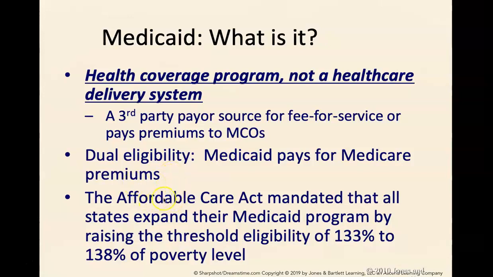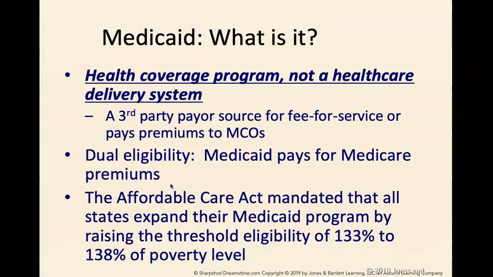Another thing is that 10 years ago, the Affordable Care Act mandated that all states should expand their Medicaid programs. So you've probably heard a lot about what Medicaid expansion is all about. You'll have a fuller understanding of this when we discuss the federal poverty level tables later on in this lesson.